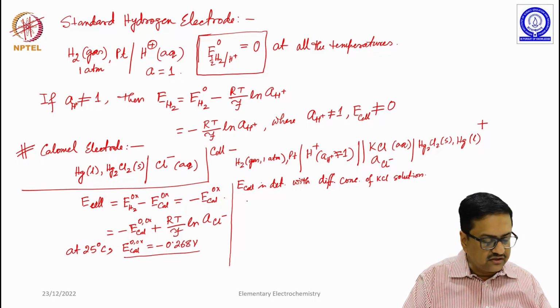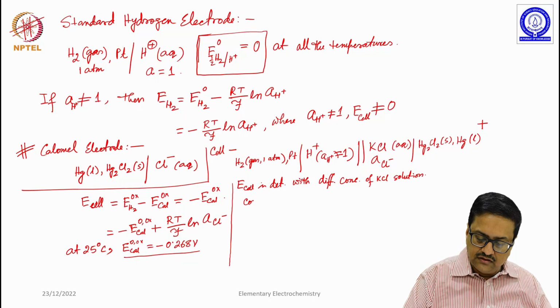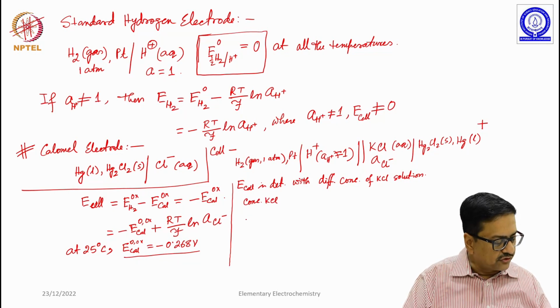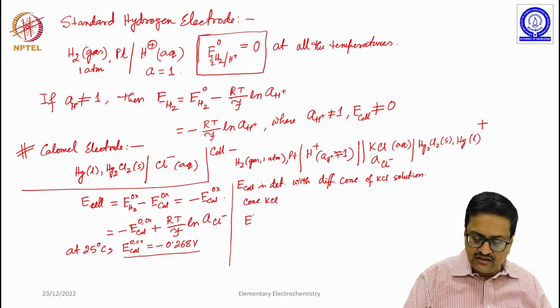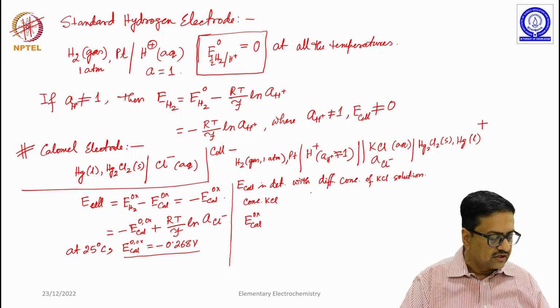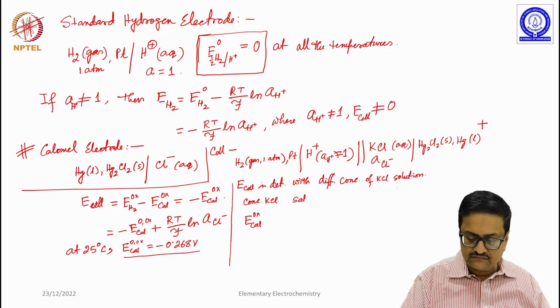So, if we try to write down the concentration of KCl and the corresponding E oxidation of calomel, it is E0 oxidation for a saturated solution.